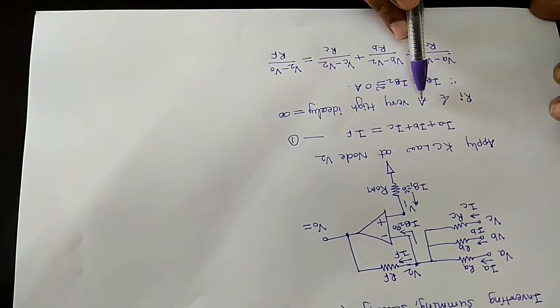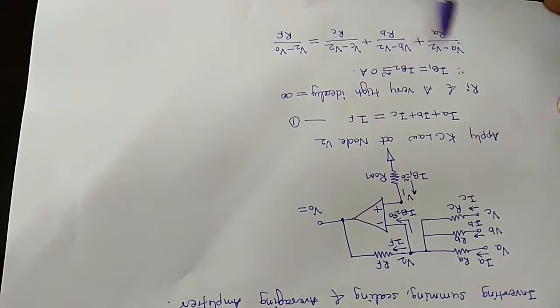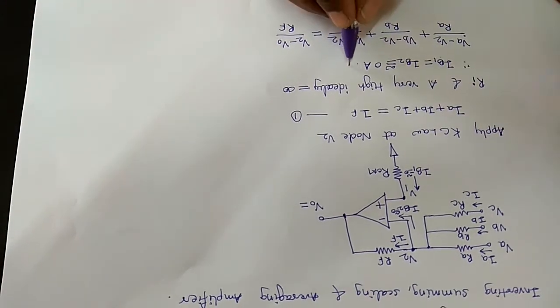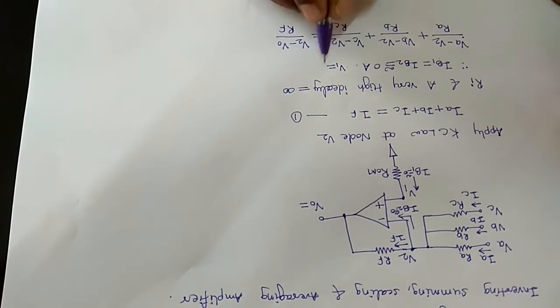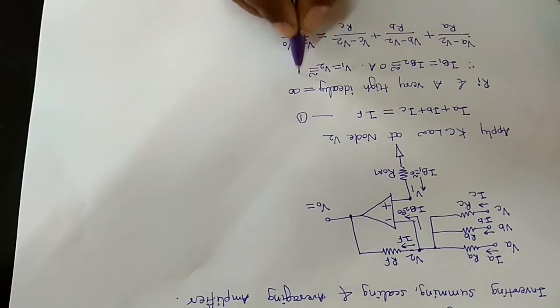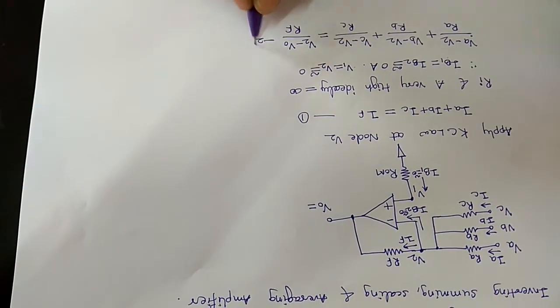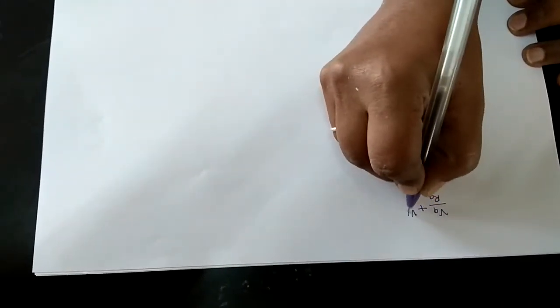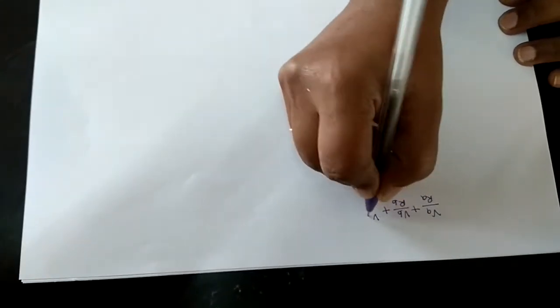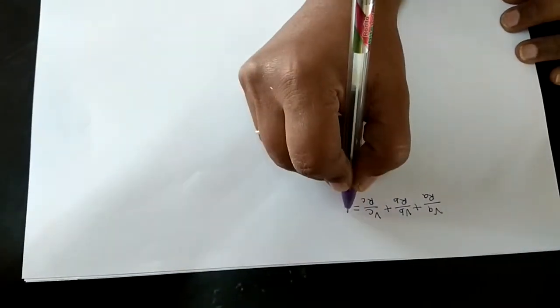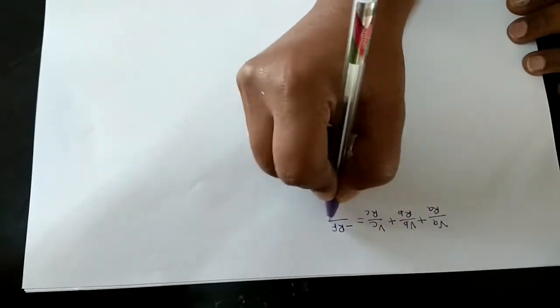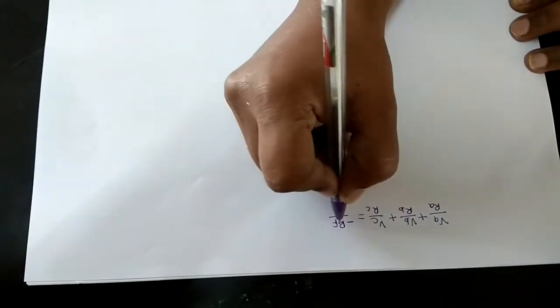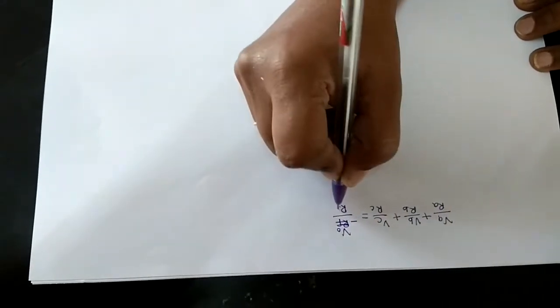Because of the very high input resistance and open loop gain, the currents IB1 and IB2 are 0, as well as voltage V1 equals voltage V2, approximately equal to 0. When we put this V2 voltage into equation number 2, we have VA by RA plus VB by RB plus VC by RC is equal to minus V0 divided by RF.